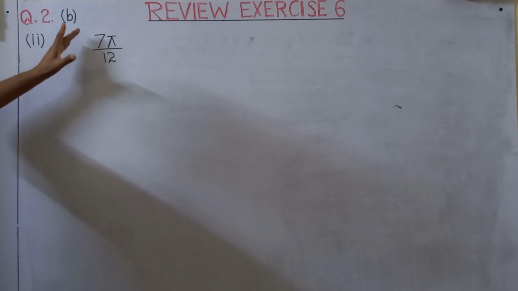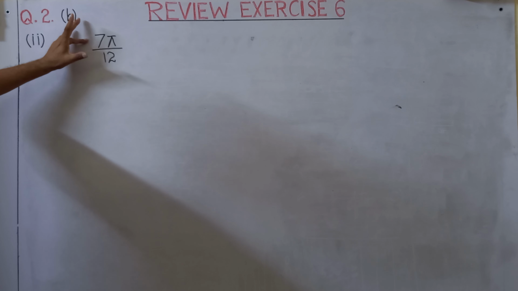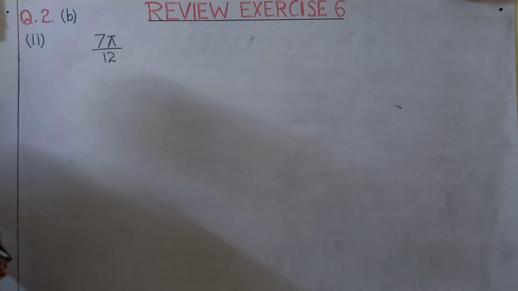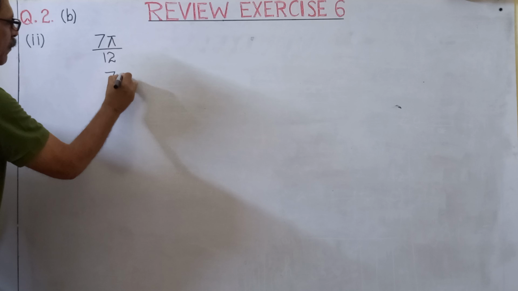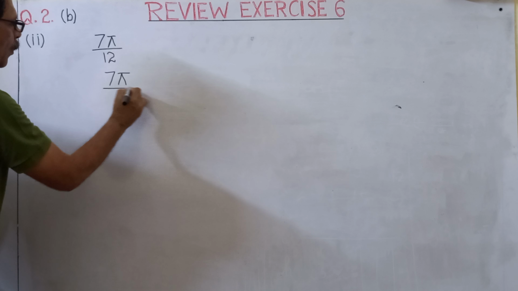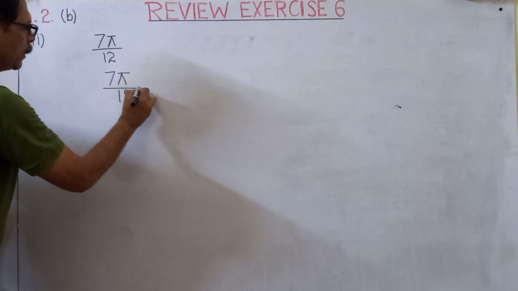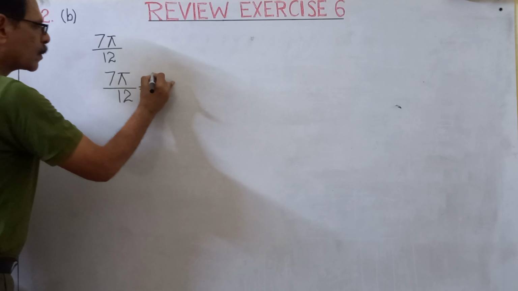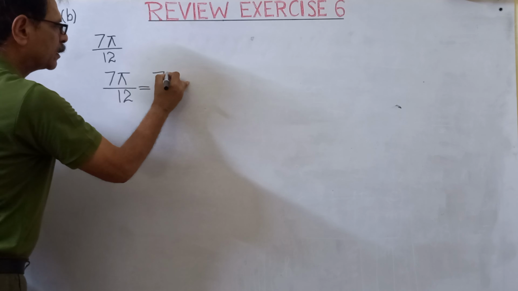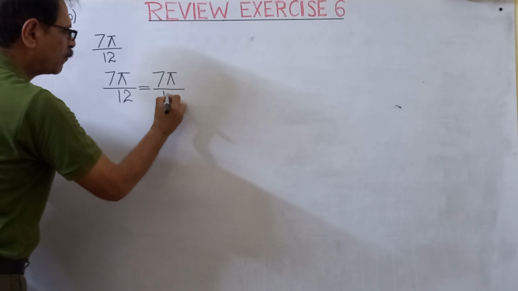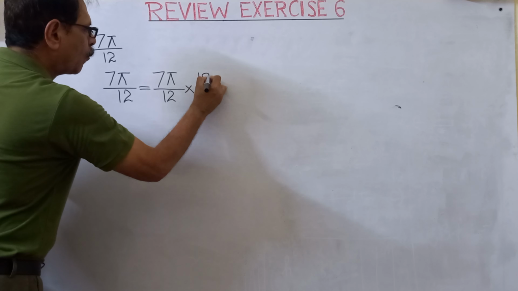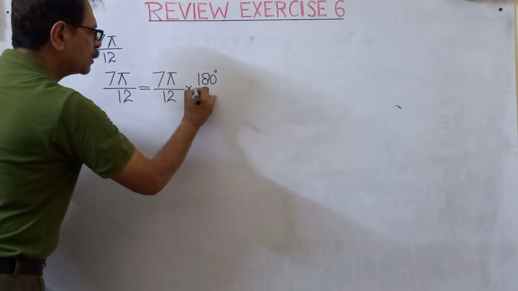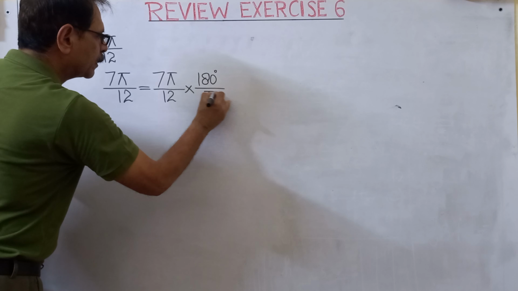Part 2, we want to convert 7 pi over 12 radians into degrees. 7 pi over 12 equals 7 pi over 12 multiplied by 180 over pi.